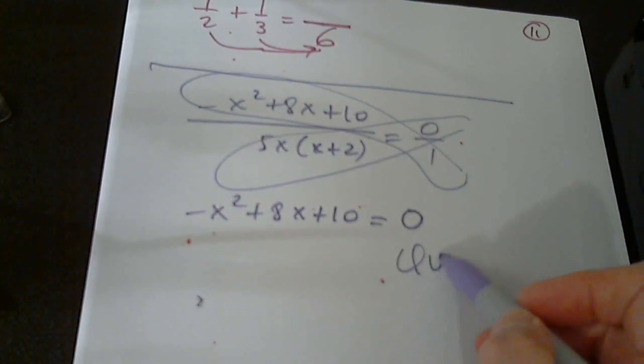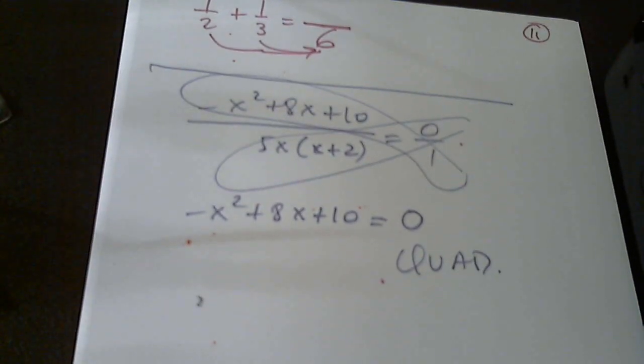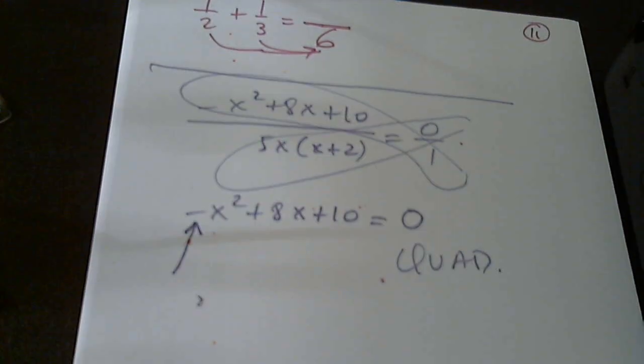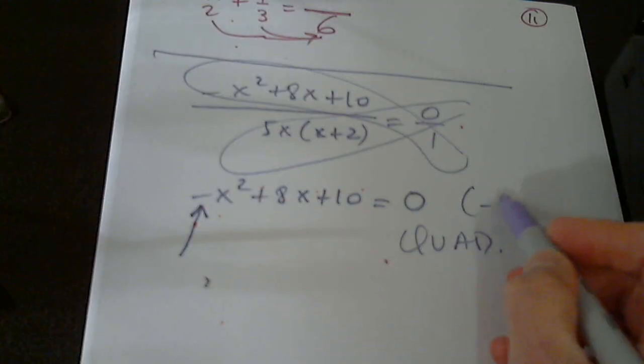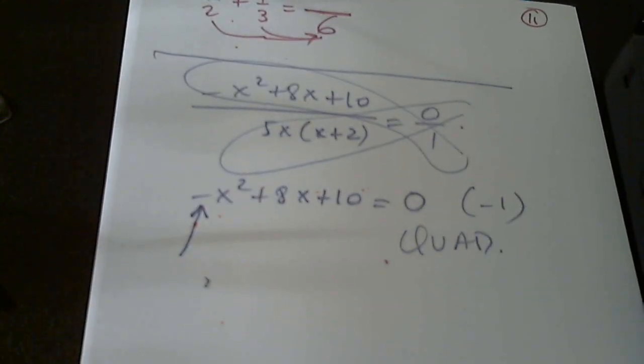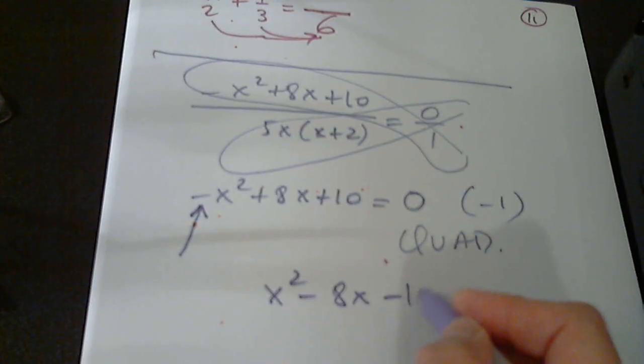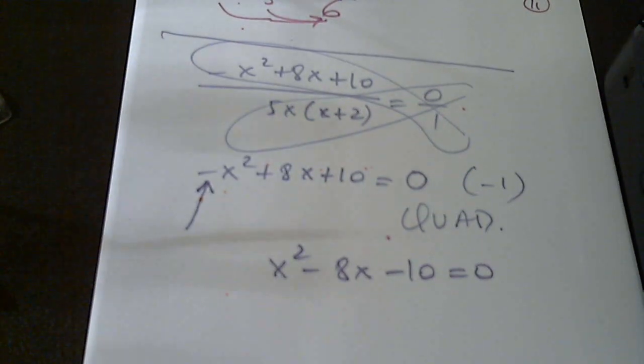So now this is quadratic. What do I do? Well, no one will force me to solve a quadratic equation with a negative leading coefficient. I refuse to. Which is very simple. I will multiply both sides by negative 1. So x squared minus 8x minus 10 equals 0.